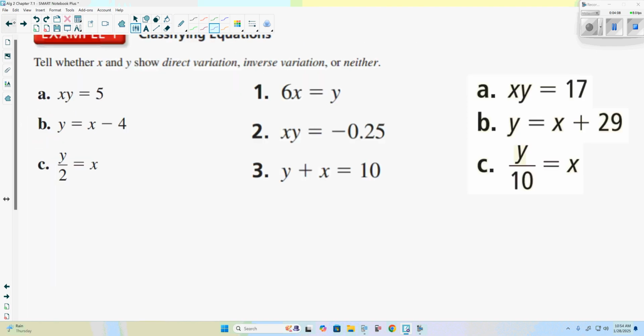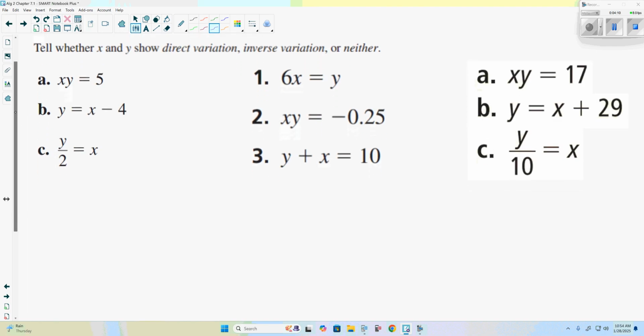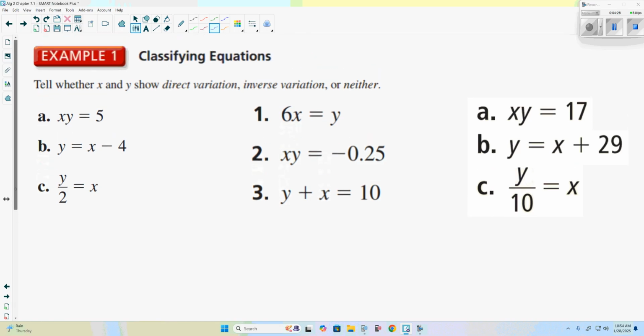All right. First thing we're going to do is tell whether x and y show a direct variation, inverse variation, or neither. So if we look at the first one, a, x times y equals 5. Well, direct variation we said is y is equal to a times x, or y over x is equal to a.